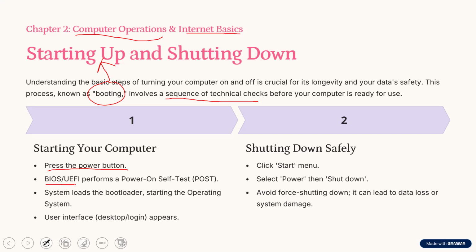So all the hardware components that are required for the loading and the proper functioning of the operating system will be checked by the POST, power on self-test. Okay, so once it checks that and everything is fine, the system will load what we call the bootloader, and it will load it by starting the operating system.